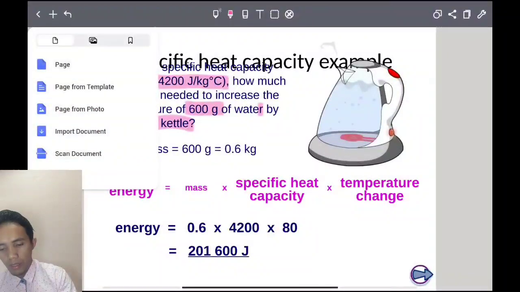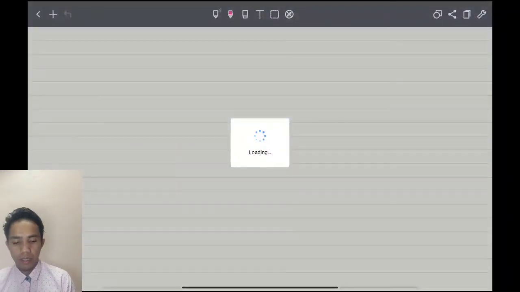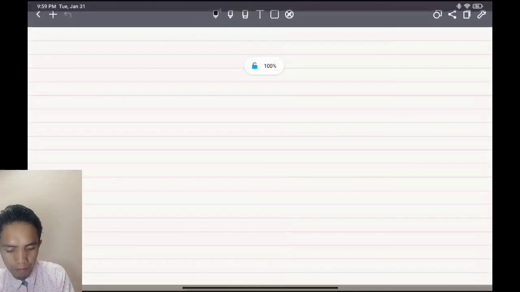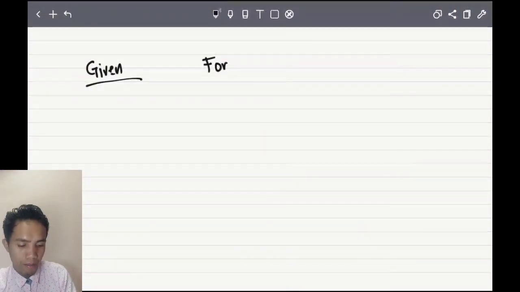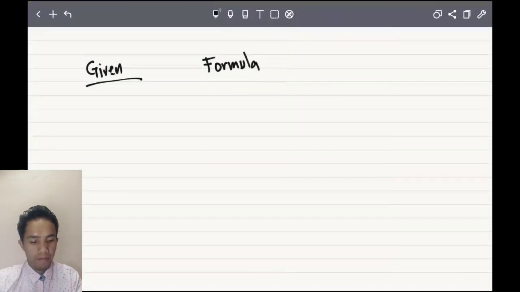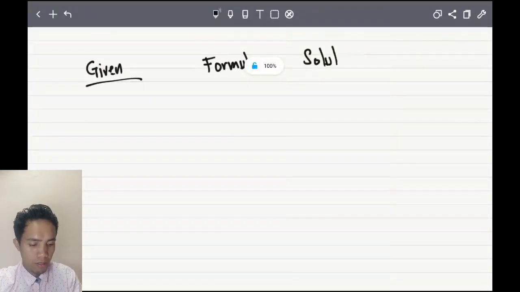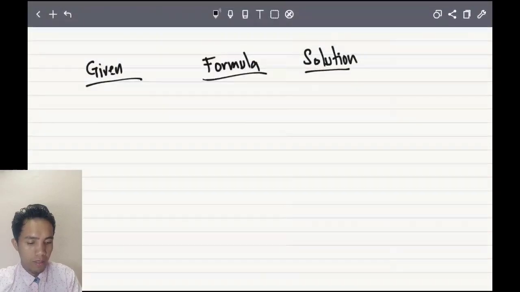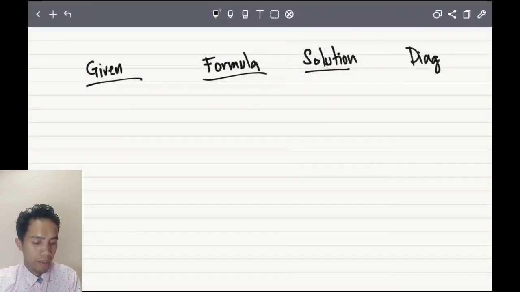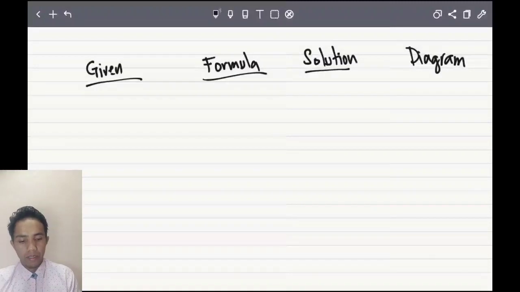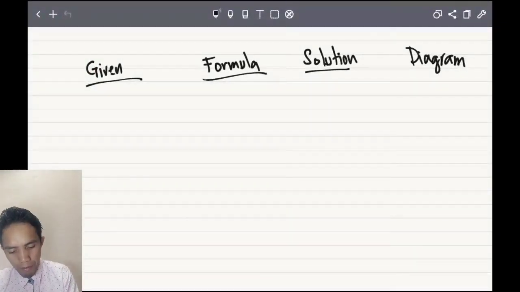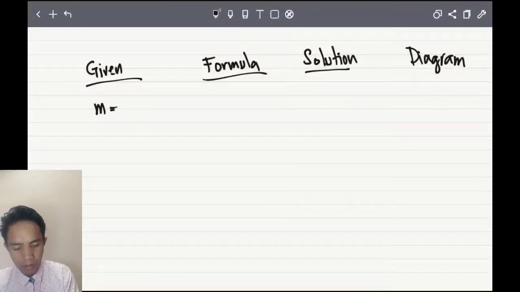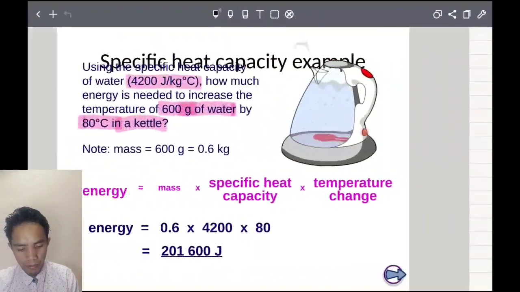So we have the given, then the formula, then the solution, then we have a diagram. The given is mass, 0.6 kilogram.